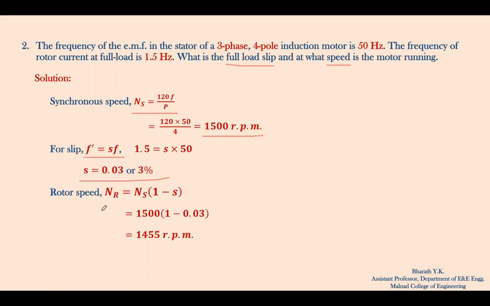To calculate the rotor speed, let us consider this equation, where nr is equal to ns into 1 minus s. ns is 1500 RPM. Slip is 0.03. Therefore, the rotor speed at full load is equal to 1455 RPM.